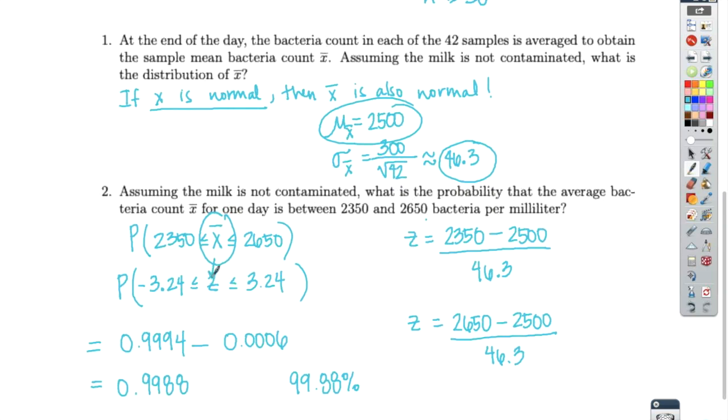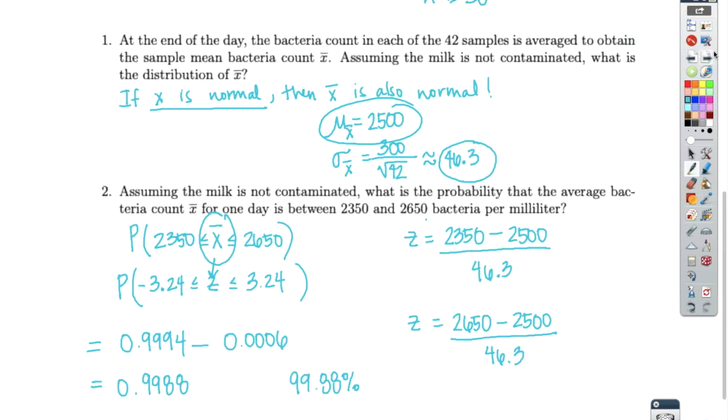Z is the standard normal, and to convert to the standard normal, we need to be on a normal curve to begin with. So it was very important that we concluded that X bar was a normal distribution. Otherwise, we couldn't have used this tactic to find this probability. We couldn't have converted to z.